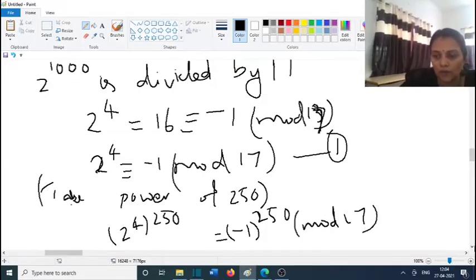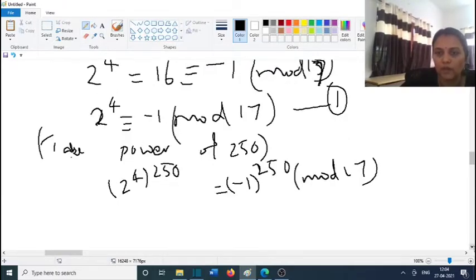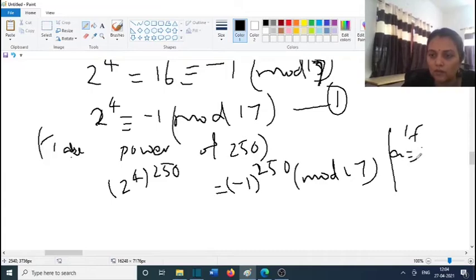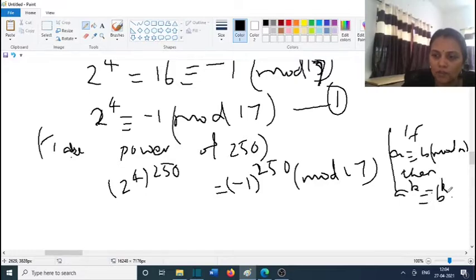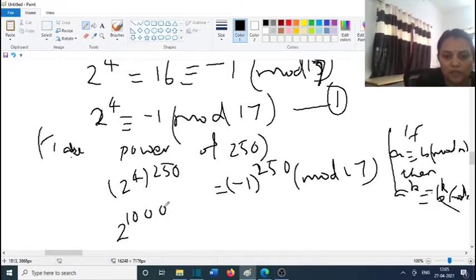The reason is, if A is congruent to B mod n, then A raised to K is congruent to B raised to K mod n. So 2 raised to 4 raised to 250 is 2 raised to 1000, and minus 1 raised to 250 is 1 mod 17.